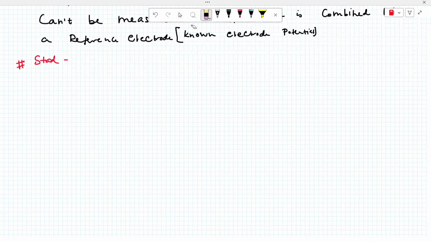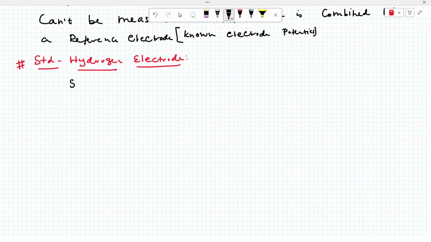Okay, standard hydrogen electrode. See, very important, please note. Listen. The standard hydrogen electrode E cell value is 0. Arbitrary 0.